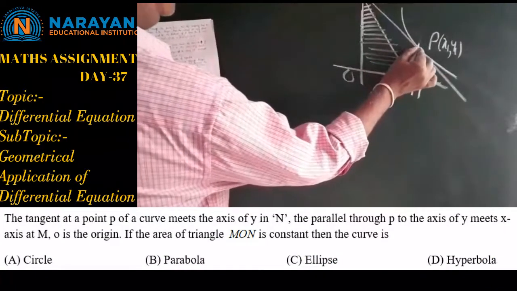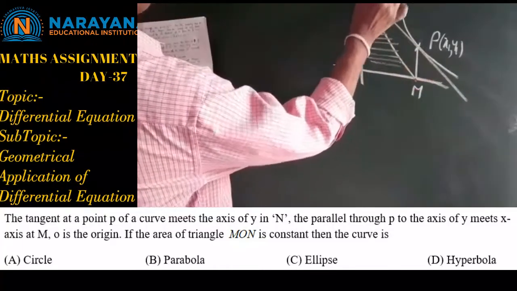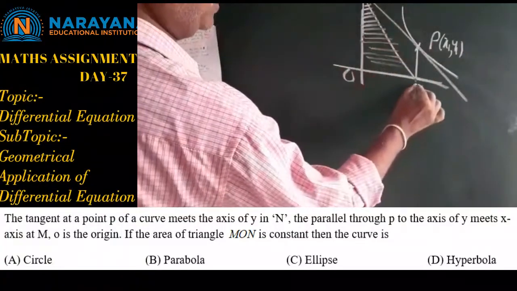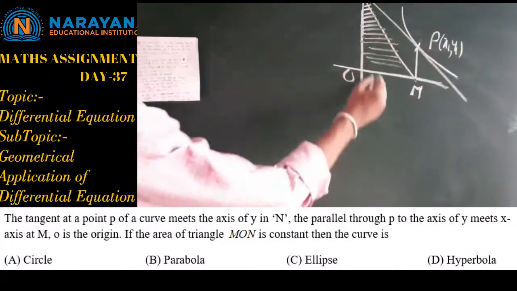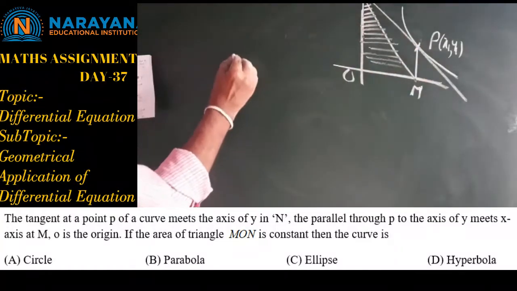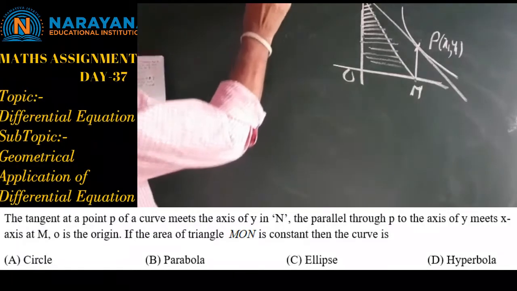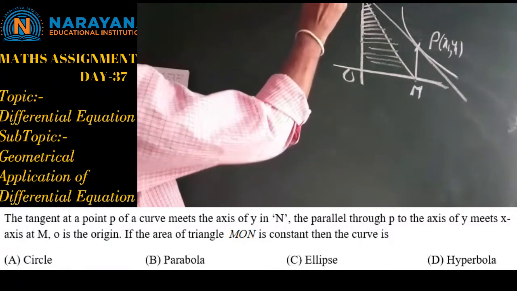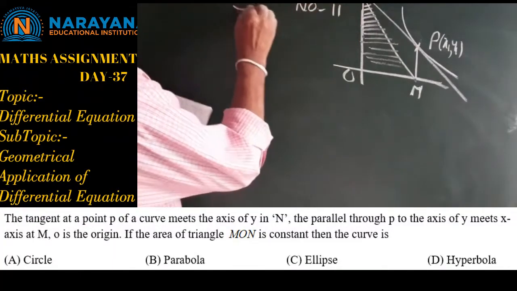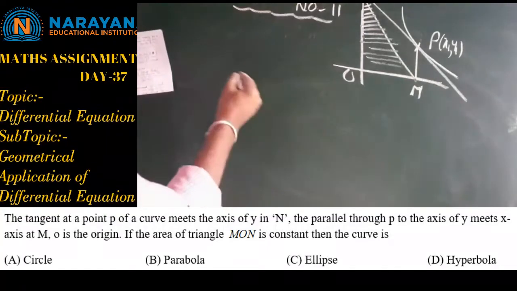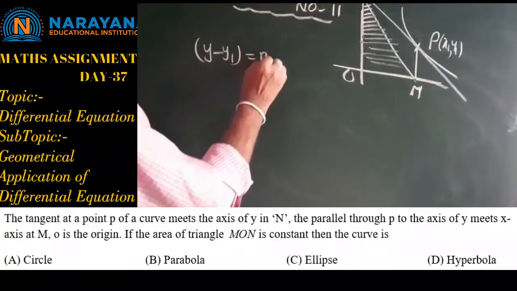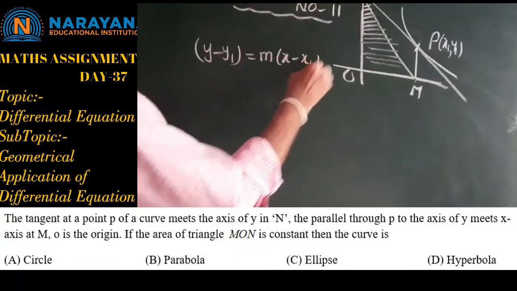The tangent at any point P meets the y-axis at N, and the line through P parallel to the y-axis meets the x-axis at M. The area of triangle MON is constant, and we are supposed to write the differential equation. This is the solution to problem number 11. Now we write the equation of the tangent: y minus y1 is equal to m into x minus x1.